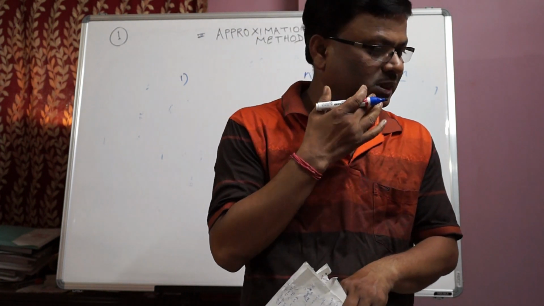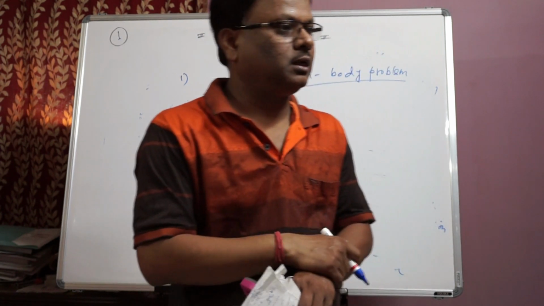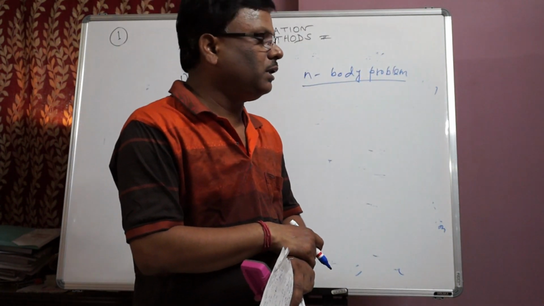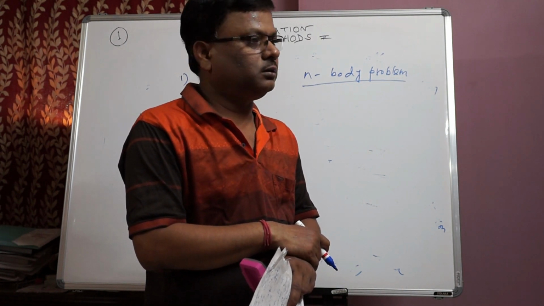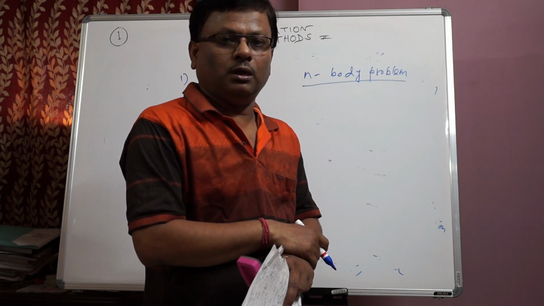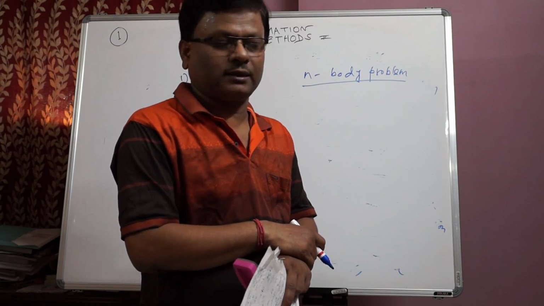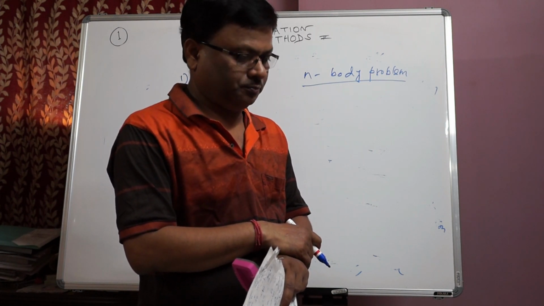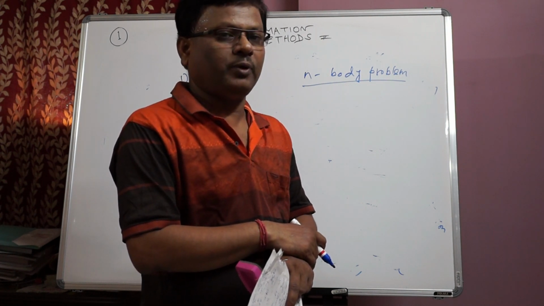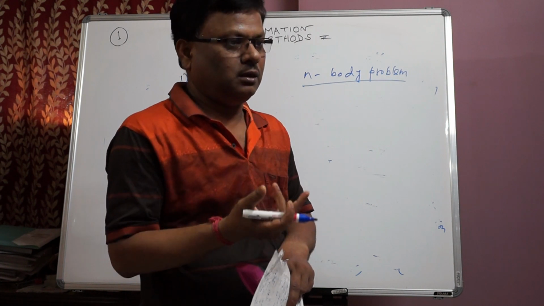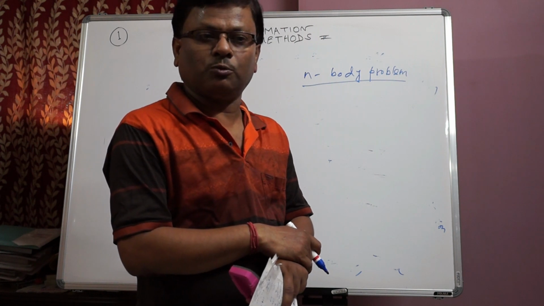These discrepancies or irregularities in the motion of Uranus can only be explained if we consider the presence of another planet near Uranus, and this effect can perturb the motion or orbit of Uranus.